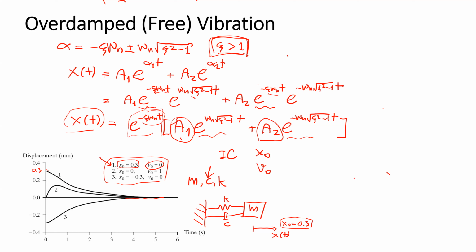The spring tries to pull the mass to the equilibrium, but the damper tries to resist, to generate the force in the opposite direction to the velocity, and the motion is slow under the effect of the spring force and the resistance from the damper.